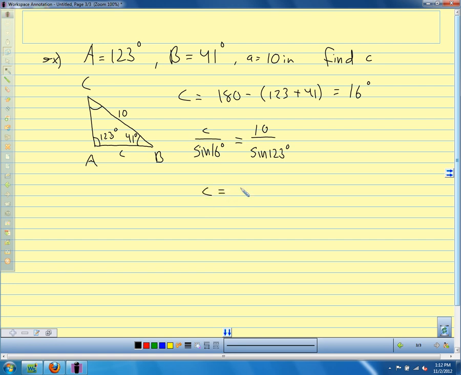So I get C equals sine 16 times 10 over sine of 123. You can plug that all into your calculator, and this turns out to be approximately 3.29. So from here, I'm just plugging everything in my calculator and calculating.